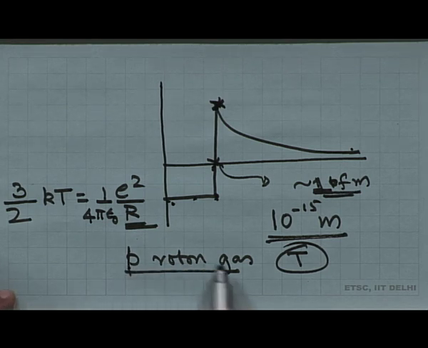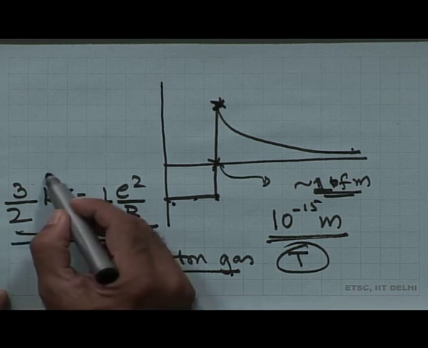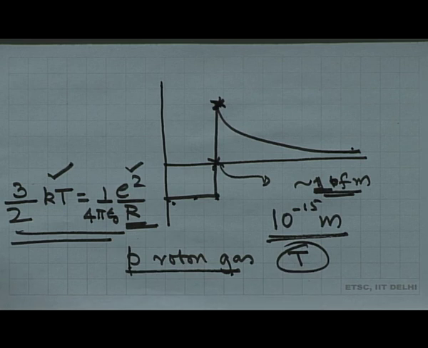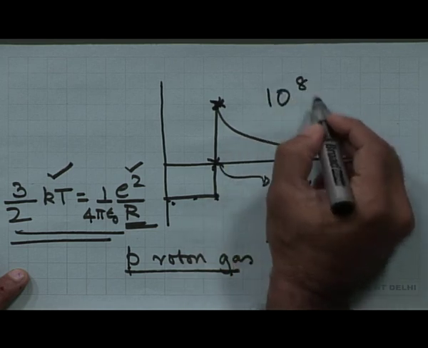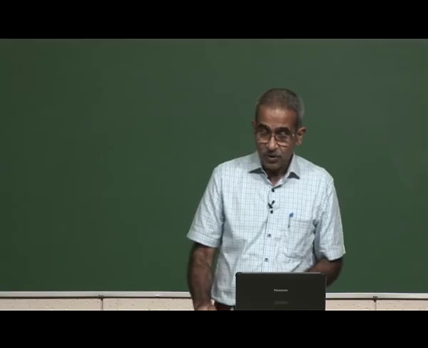And I told you that if I had hydrogen atom, I would have to equate the mean kinetic energy with this, and you will find my temperatures to be of the order of thousands of Kelvin. In fact, it should be of the order of 10 to the power of 8 Kelvin. It could even be 10 to the power of 9 Kelvin, and this is something that we have to remember.